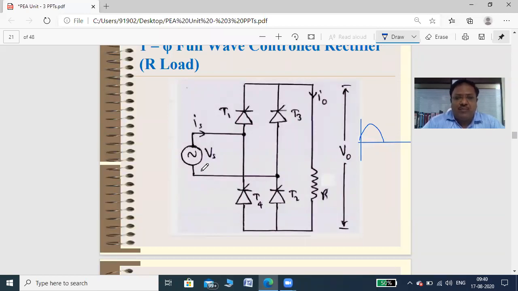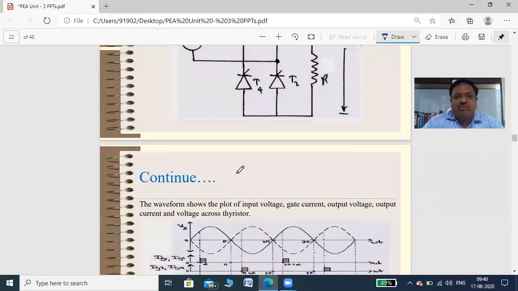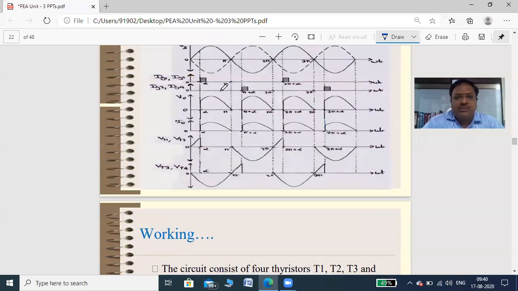So current flows from minus VS through T3, then load R, then T4 back to the VS, right? So in both cycles the current direction is the same, and that's why we'll get the same positive half cycle even when the input cycle is negative. This is the output waveform we have already seen, right?